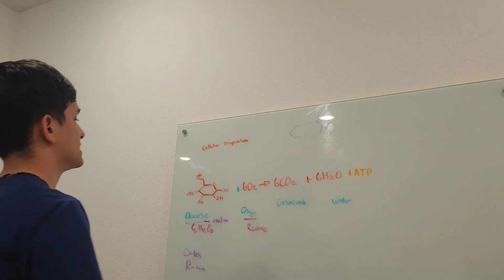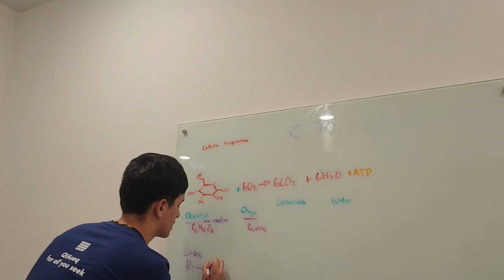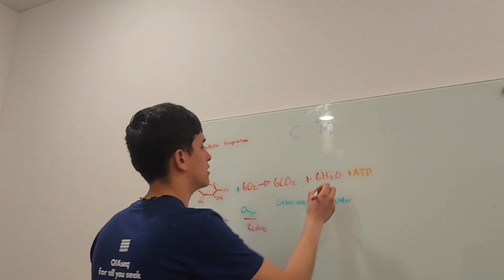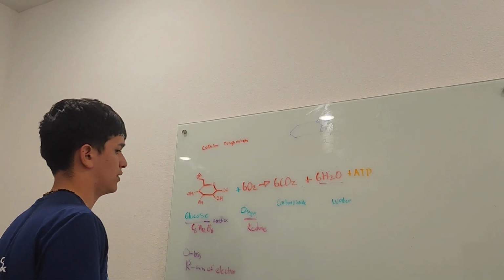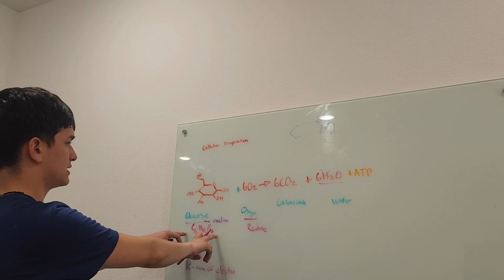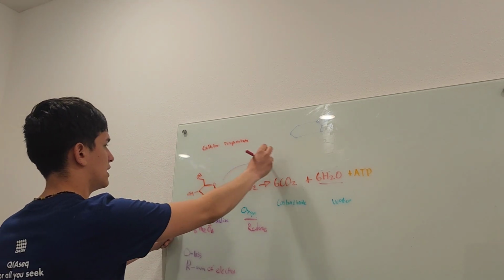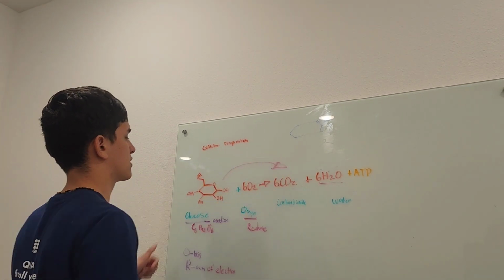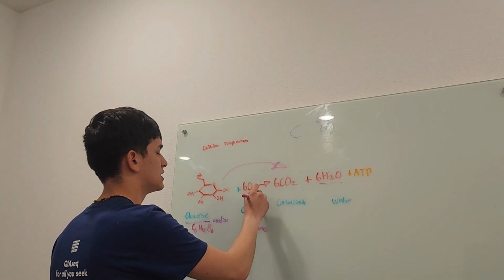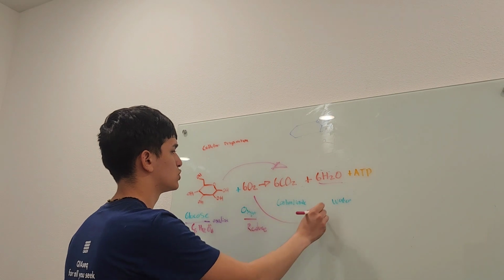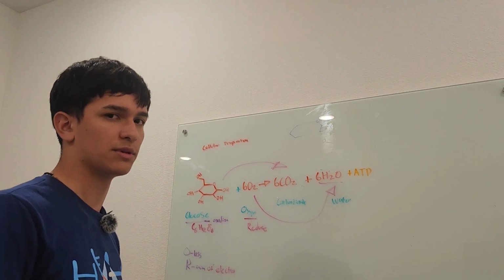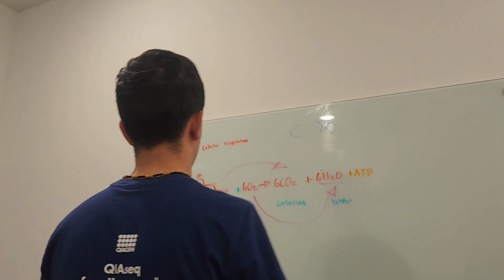Oxygen is being reduced and it's gaining the hydrogens, so gain of electrons, to get water. So glucose is being oxidized and it's becoming carbon dioxide, right? It's losing its hydrogens, and oxygen is being reduced, right? And it's gaining the hydrogens, it's transforming to water, and we have ATP.